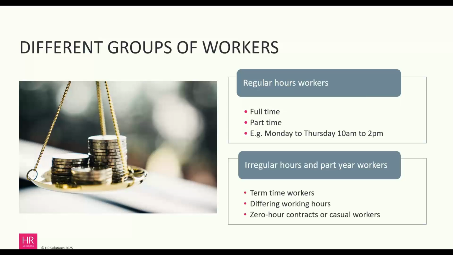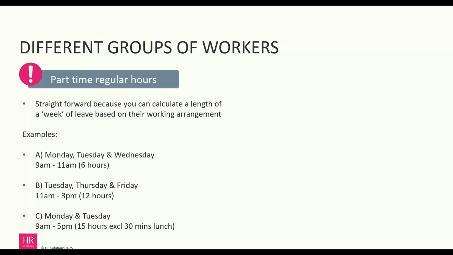So if we first look at the most straightforward aspect, when somebody is part-time with those regular set hours, this is more straightforward because you can calculate the length of a week of leave based on their working arrangements. And if you remember, in the legislation, it says that you get 5.6 weeks. So it talks in weeks. So you've got three examples here.